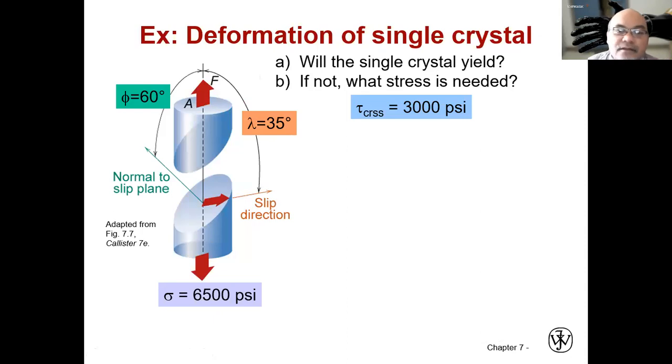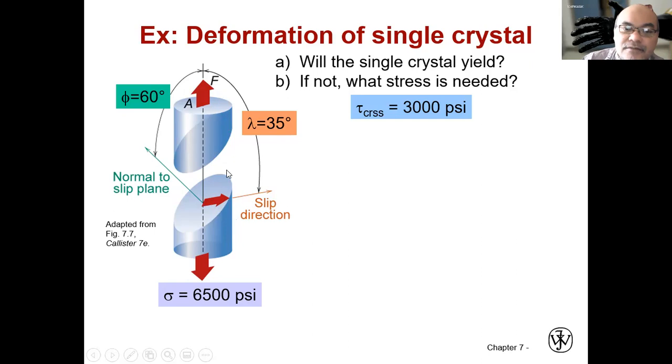If we have here sigma, the axial stress, is 6,500 psi, pound per square inch, and we have the slip plane, making an angle lambda of 35 degrees.